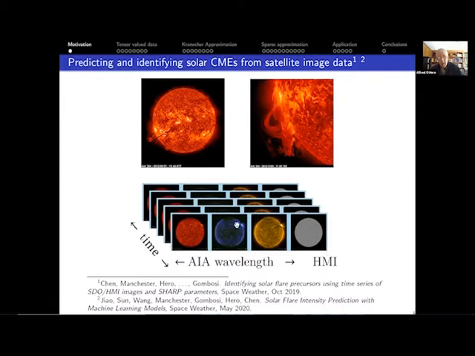You have images that have thousands of pixels from different modalities evolving over time, and you want to use this somehow as a function of time to give that warning with maybe an hour to 24 hours prior notice, so that one can take precautions against these flares on Earth.